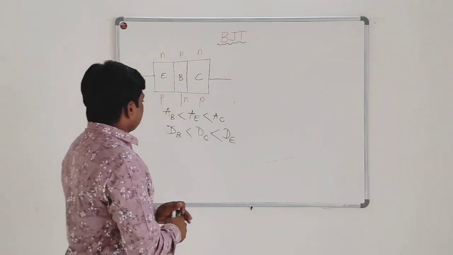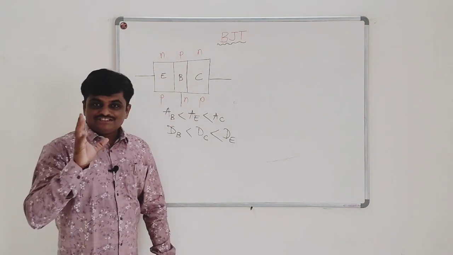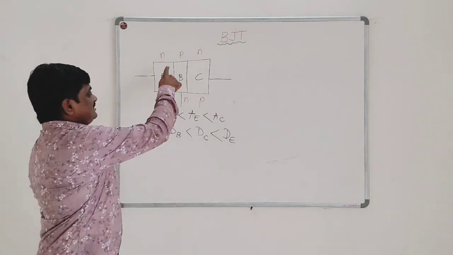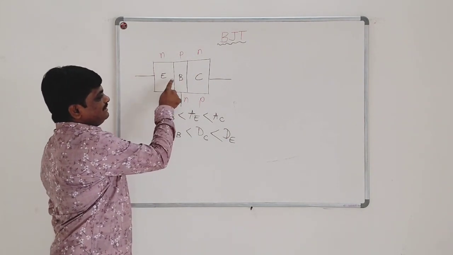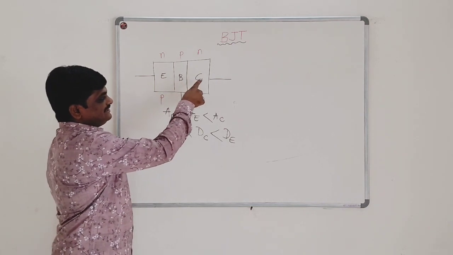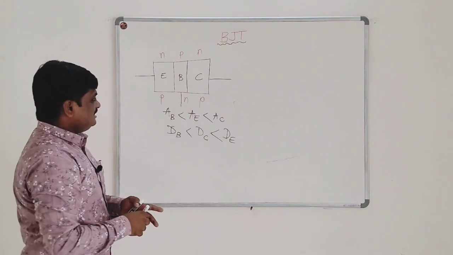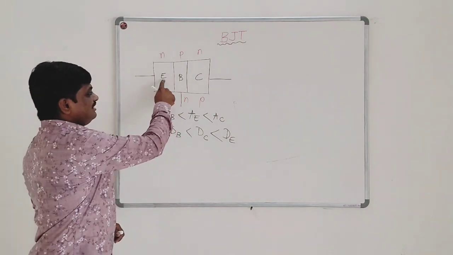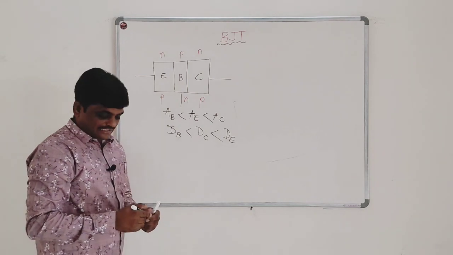In transistor there are two junctions. A junction means PN junction. Here in NPN, the first PN junction is between emitter and base, and the second PN junction is between collector and base. That is why the first is called the emitter base junction, and the second is called the collector base junction.